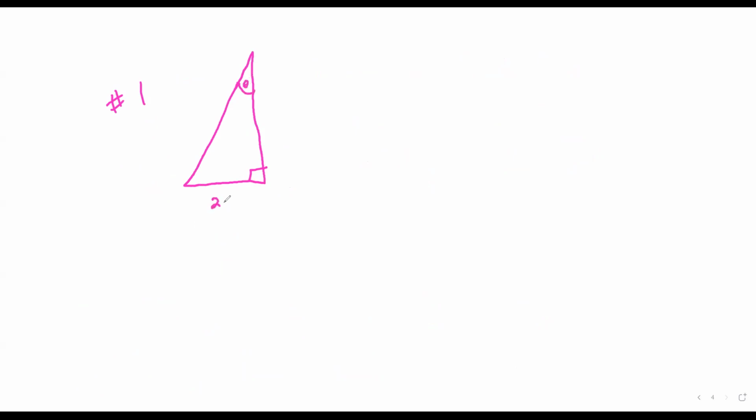And then you're told this is 2 square roots of 2, and you're told that this is 4. All right, before you can actually solve for all 6 trigonometric functions, there is some pre-work that you have to do. And this is what we call, again, I don't remember if y'all remember this guy, the Pythagorean theorem.